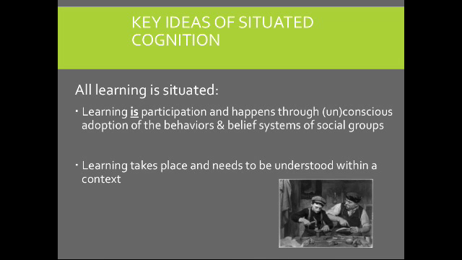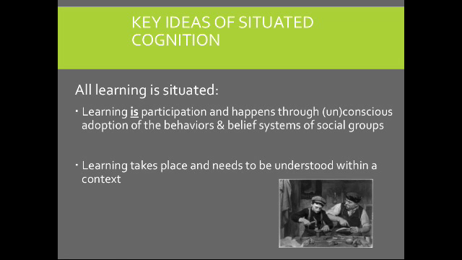So what are some key ideas of situated cognition? Well, one basically is that all learning is situated. So learning is participation and happens through both conscious and unconscious adoption of the behaviors and belief systems of social groups. And so this means that learning needs to be understood within a context because learning is always taking place within a particular context.